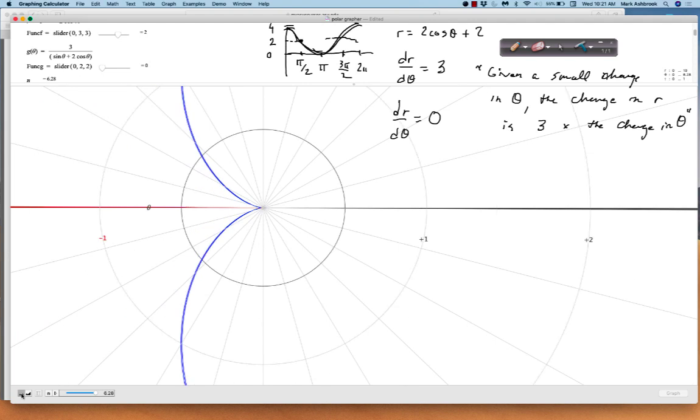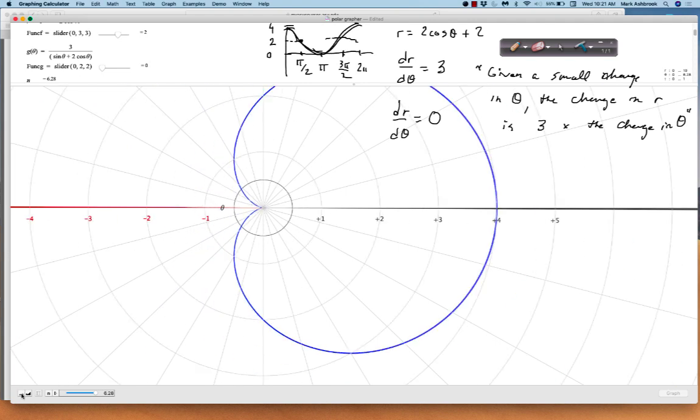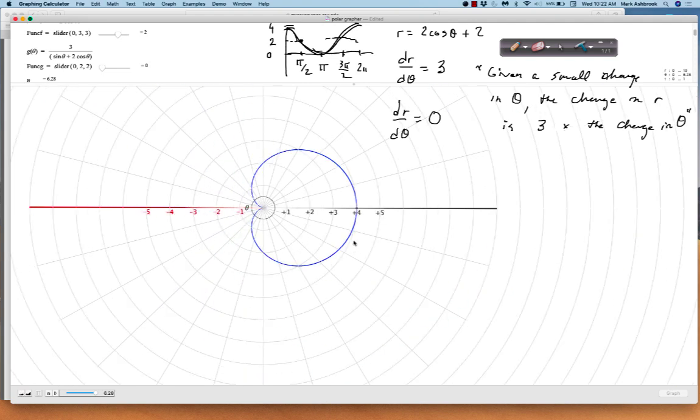What does it mean for dr d theta to be 0? It means that when you change theta a little bit, r stays the same. R staying the same would mean you're staying on one of these circles, right? So where does that happen? 2 pi, where else? Kind of the same place, 0.